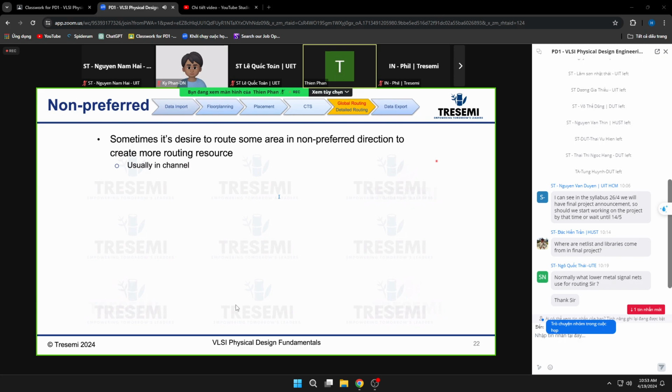So if I come in and place a routing blockage of 50%, that means the number of routing tracks I have right now is going to be reduced by half, right? Usually you can go in and look at the channel and select all the wires that go through that channel that has congestion, right?